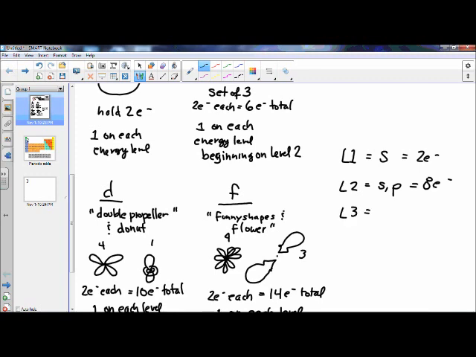On level 3, there's S and P and D, so we've got 2, 6, 10, so 18 electrons possible on level 3. This is kind of unusual and strange, but this is exactly where the electrons happen to be located.